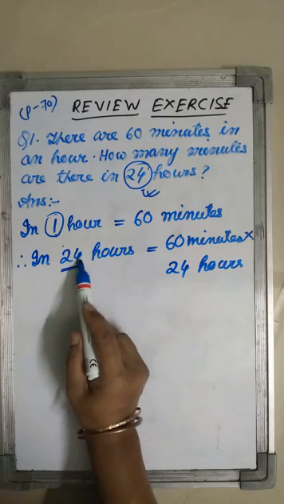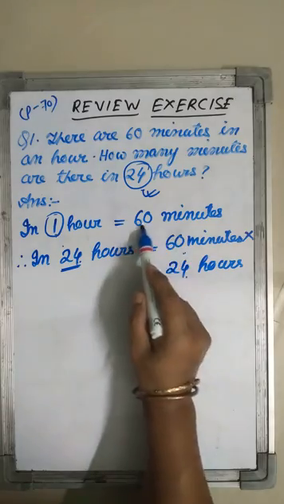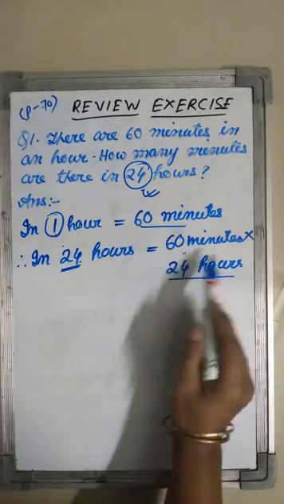When it is a greater number, you have to multiply. 60 minutes into 24 hours.